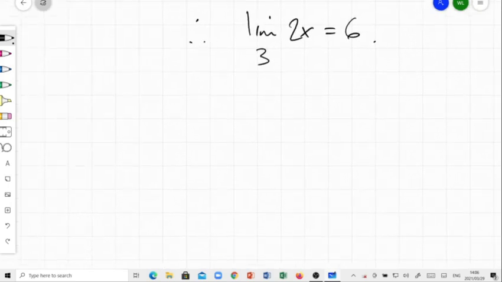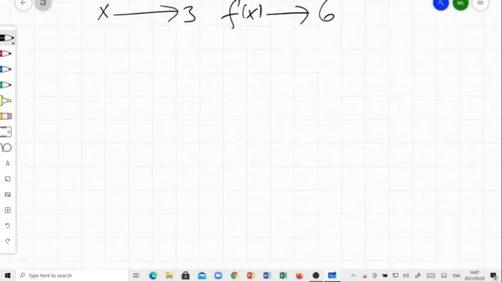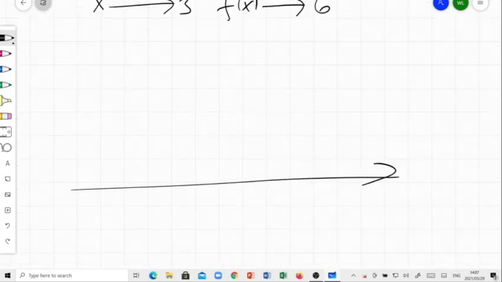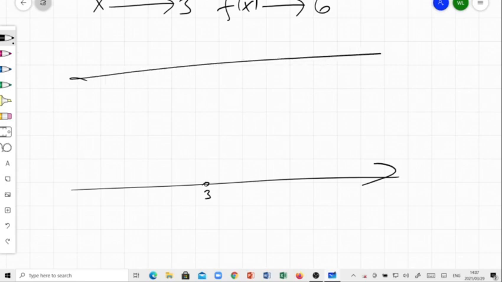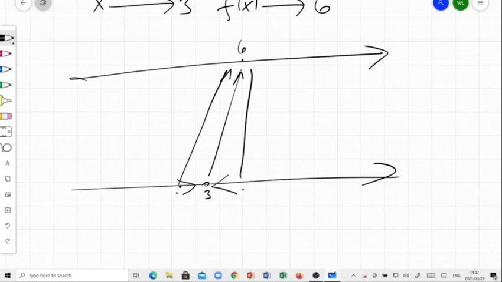So here we have this kinematical idea that as your x marches close to 3, your corresponding y images march close to 6. So this is 3, and this is 6. As your x is marched close to 3, either from the left or the right, the corresponding y's began to get as close to 6.